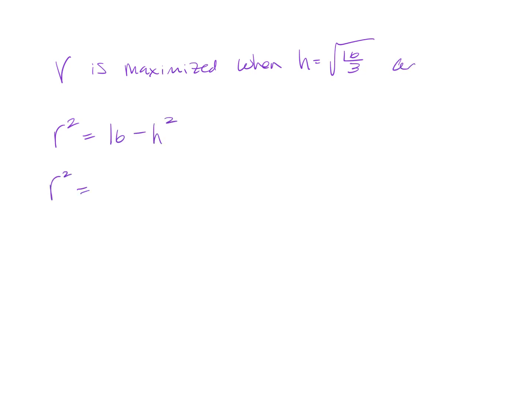We have volume is maximized when H is radical 16/3 and R squared is 16 minus H squared. So R squared is 16 minus 16/3. That's 48/3 minus 16/3, which is 32/3. So R is the square root of 32/3.